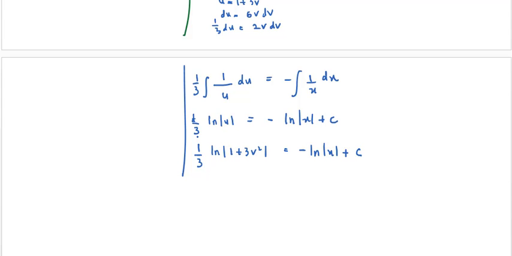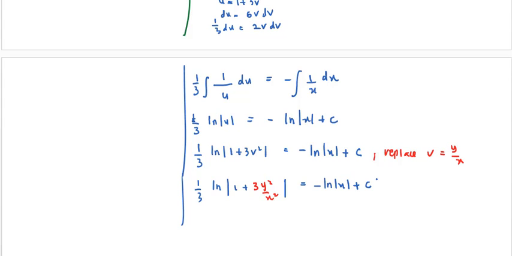So kita replace v equal to y over x, so kita akan dapat 3v square adalah 3y square over x square, equal to negative ln x plus c. Okay, so this is the general solution.